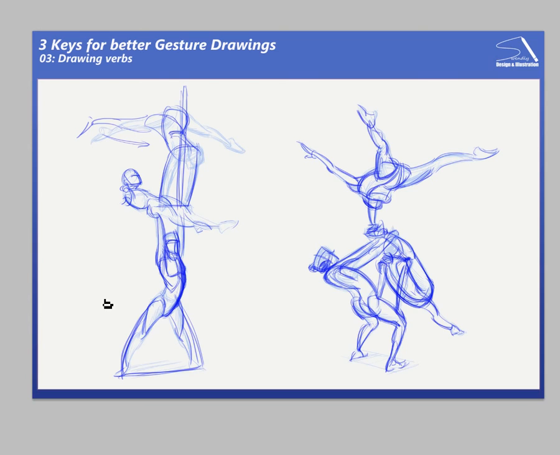Alright, so hopefully you have enjoyed the series of videos, and I hope that these 3 keys will help you to improve on your gesture drawings. Remember that this is something that you have to practice. I didn't learn all this stuff overnight, so be patient with yourself, and just keep going over these keys over and over again, and attempt to apply them to your drawings.